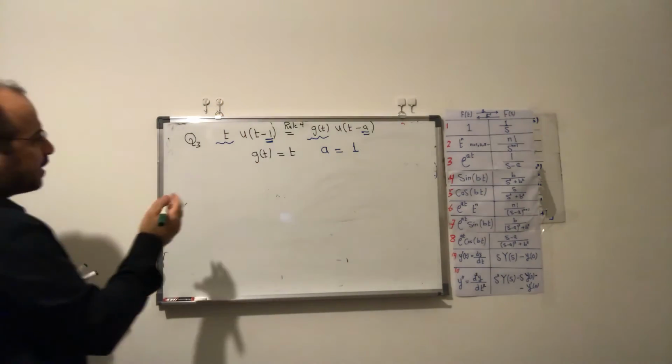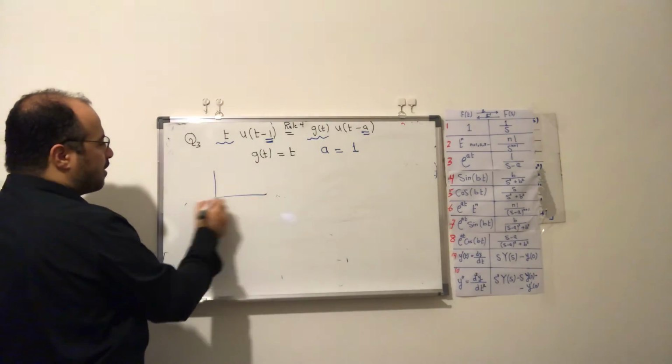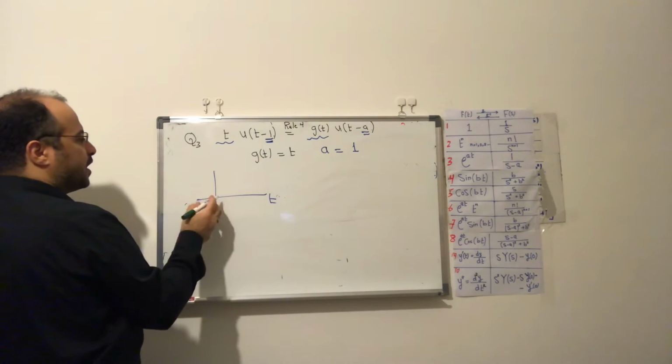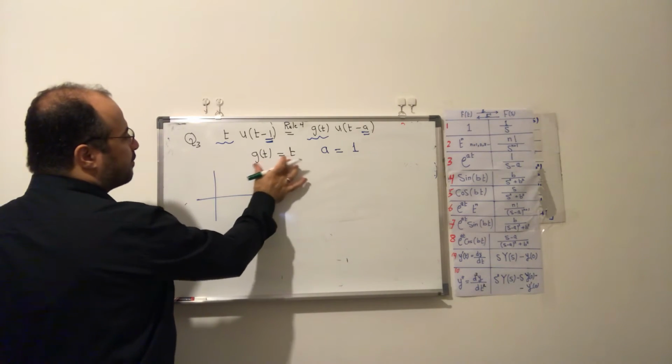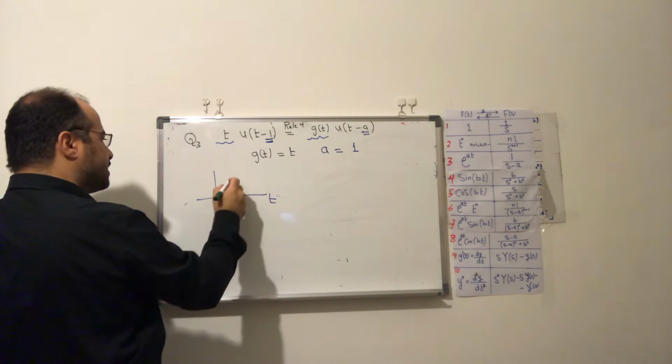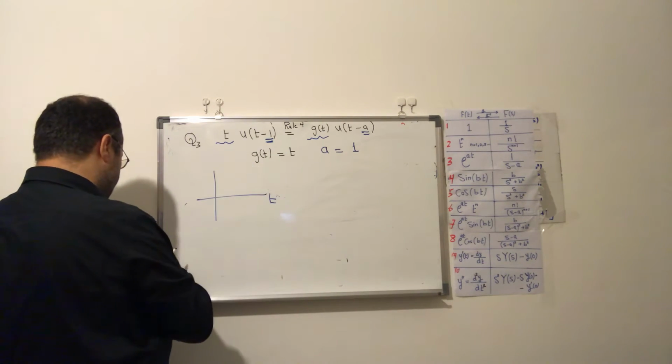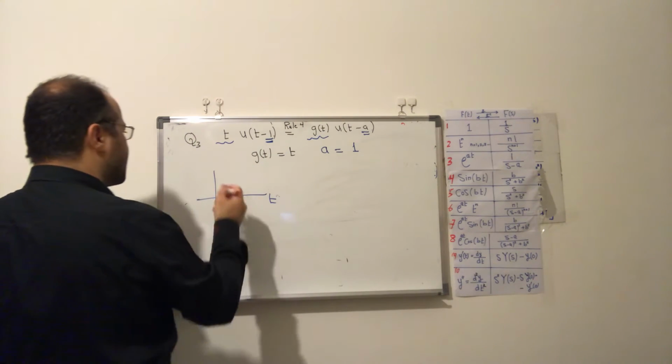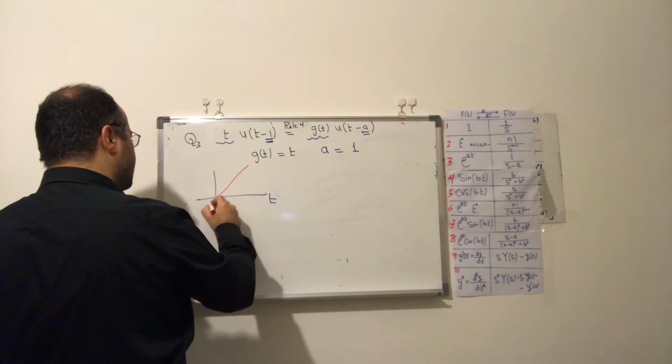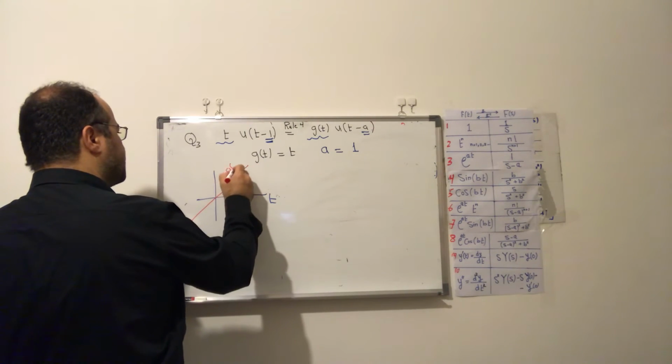Now, if you want the graph, then it is very easy. Let me graph g(t) first. g(t) is t, then this is the graph. Let me change the color. So you have this graph, g(t) equal t.